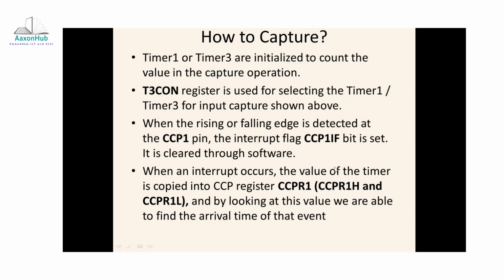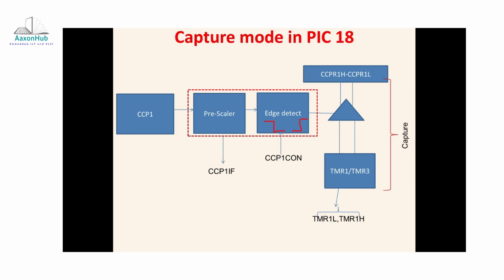By looking at the value stored in these two registers, it will be able to find the arrival of that particular time event, and it will generate the interrupt upon completion of the capturing mode.